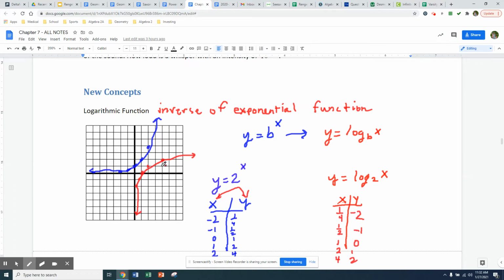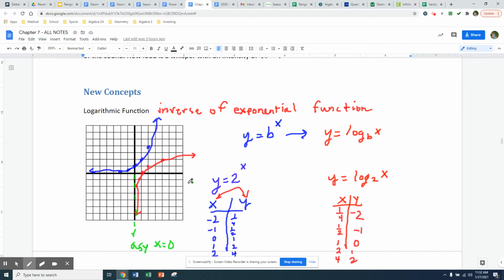So as your x approaches 0, this graph is going to keep getting closer and closer and closer to that line. So we have an asymptote for the logarithm. The asymptote is going to be the y-axis. So your asymptote is x equals 0, which is also known as the y-axis. So there we have it. There would be our log graph, and we can start by investigating what the exponential graph looks like.